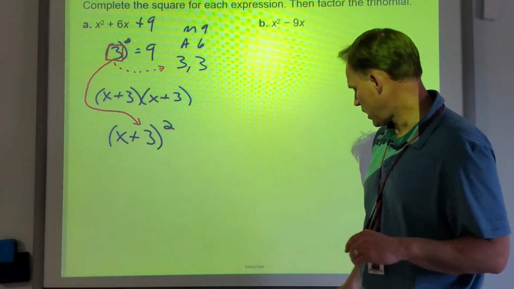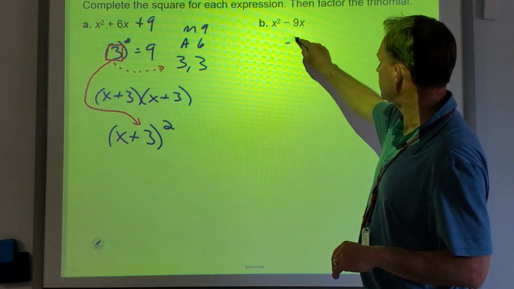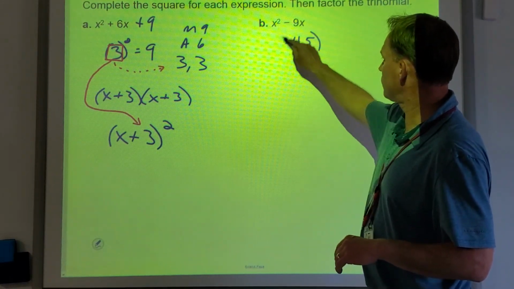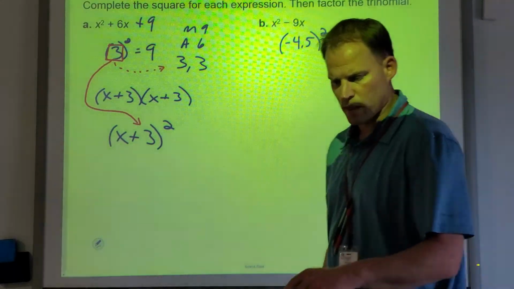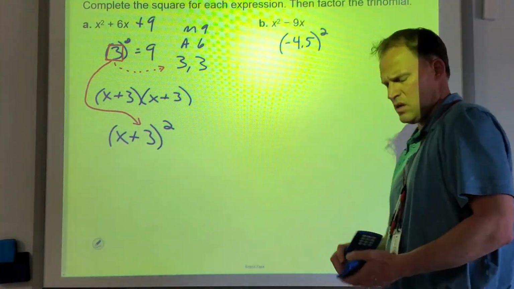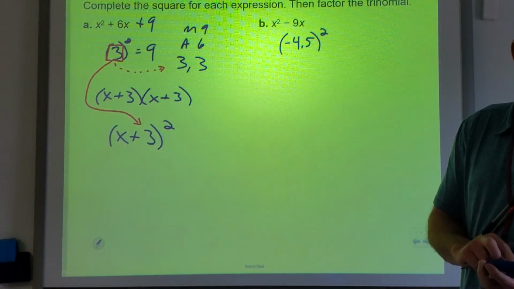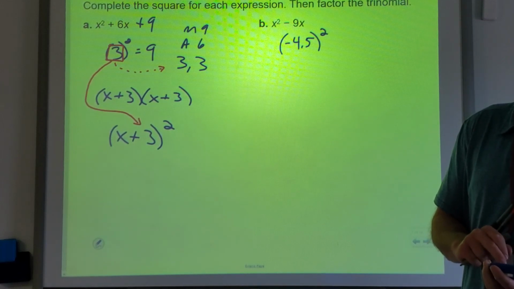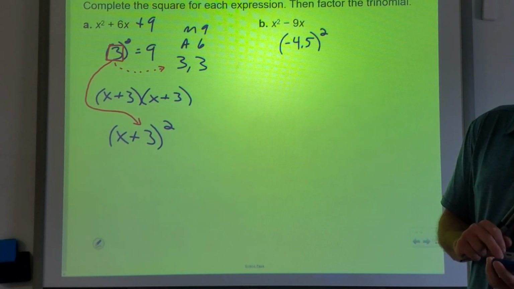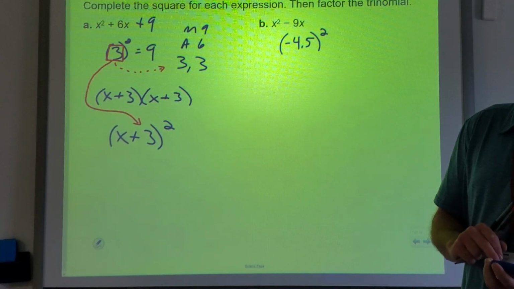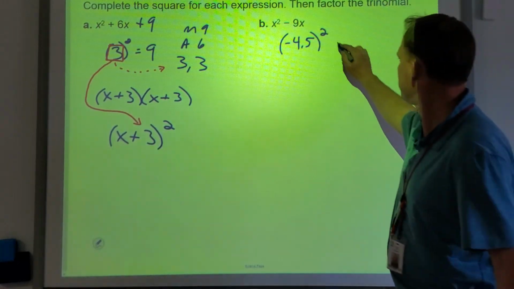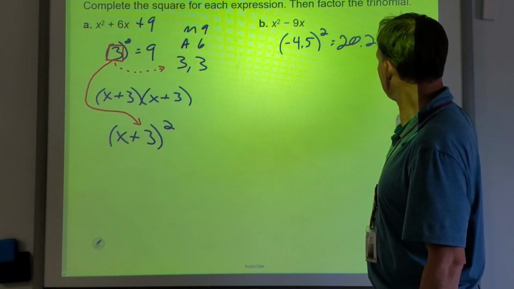Well, what does b look like? Half of this squared. Well, I'm going to need a calculator on this one. I think it's like 20.25, but it's been a while since I've done this. 9 divided by 2 squared, 20.25.